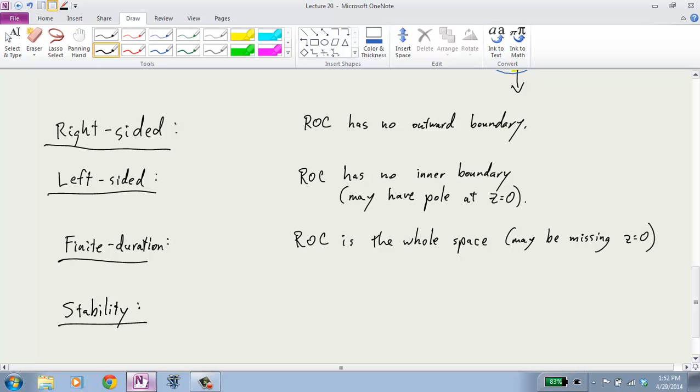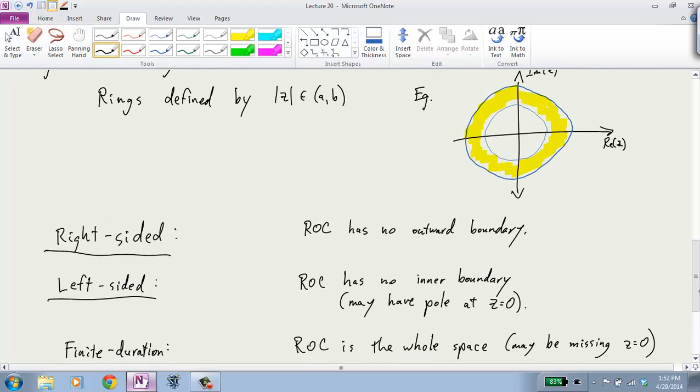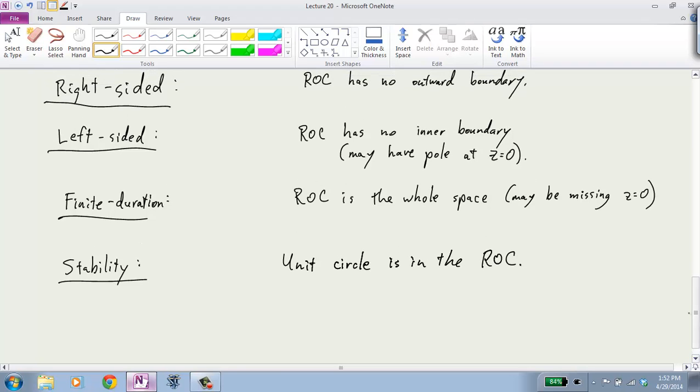And what we get here is that, sorry, not the imaginary axis, we're in the z domain here, the unit circle is in the region of convergence. So stability implies that the unit circle is in the region of convergence.